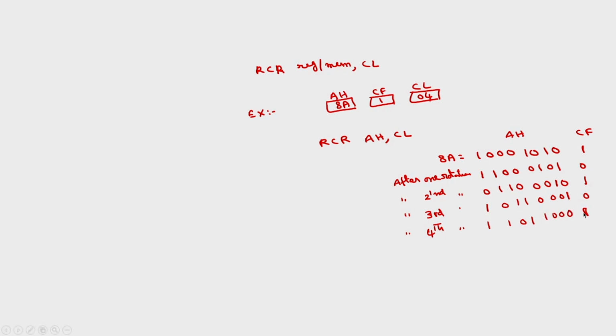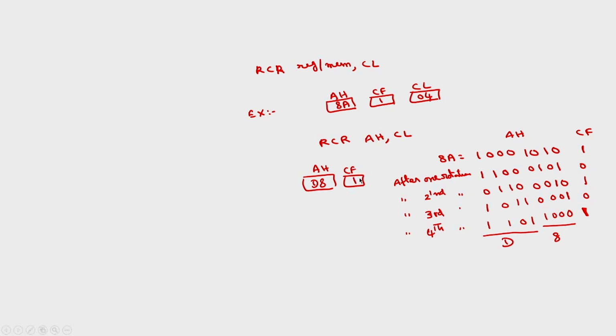So after this instruction, the contents of AH will be, this is D and this is 8, and carry flag will be set. So AH will be having D8 and carry flag will be set.